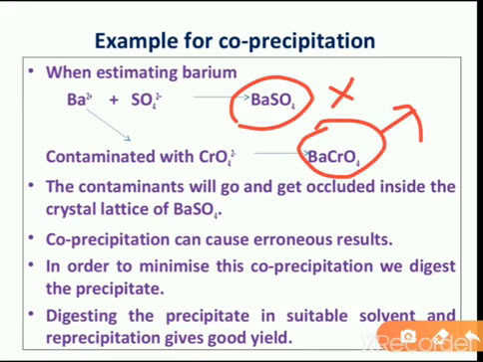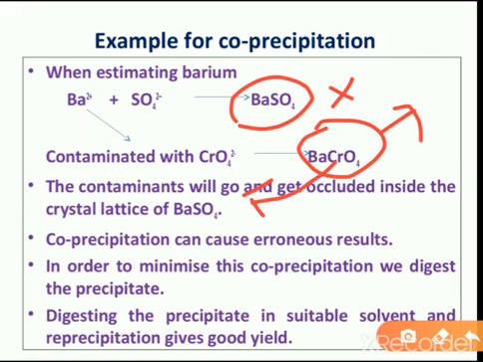If the precipitate formation increases with the addition of the other ion, then the precipitate increases, which will give wrong amount calculations. So the contaminant will get occluded inside the crystal lattice of barium sulfate. Here, this contaminant goes and adds with barium sulfate.